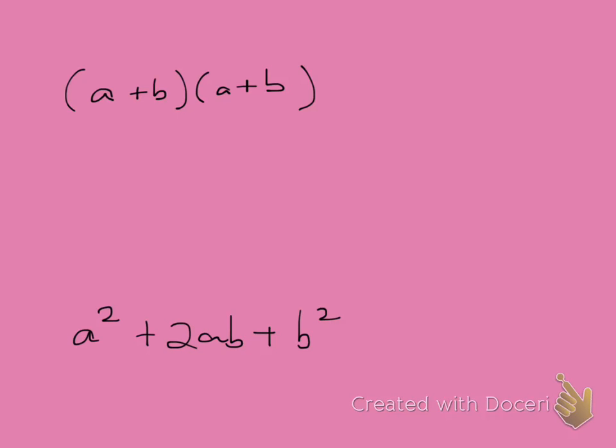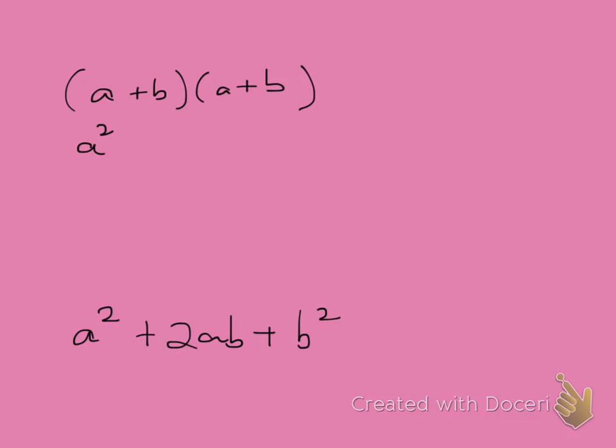So A plus B times A plus B. Nathan claims it is A squared plus 2AB plus B squared. Anybody have something different? No. All right, so let's FOIL it out to verify. And again, that's just memorization. You should be able to go right from here to here by memory. A times A is A squared.